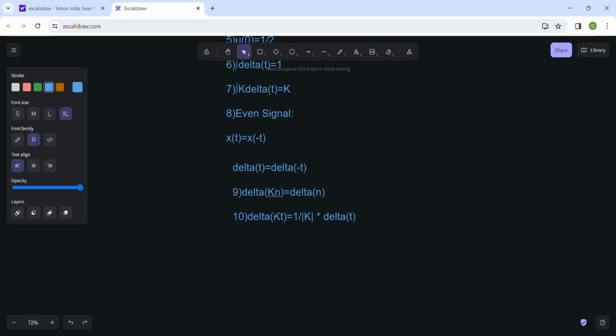Okay. If I multiply delta of kt, it is equal to 1 by mod k into delta of t.